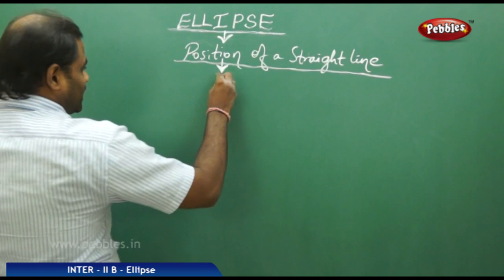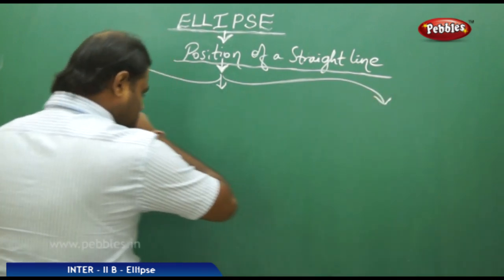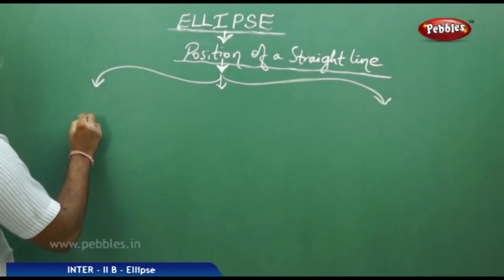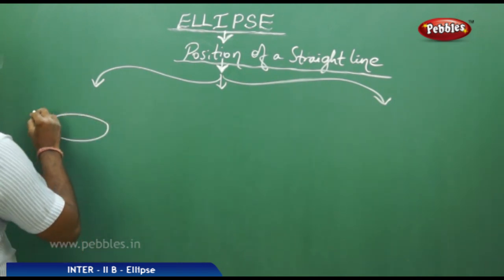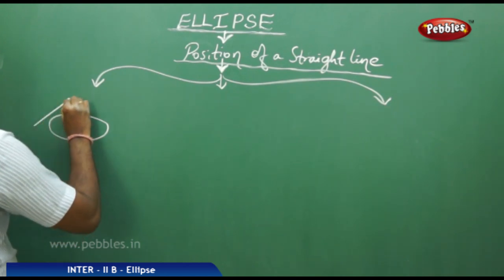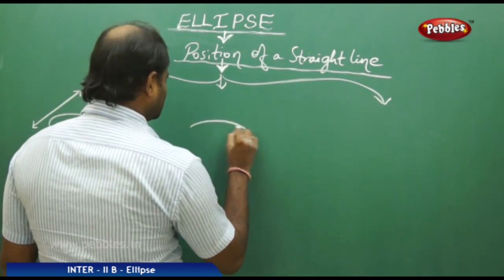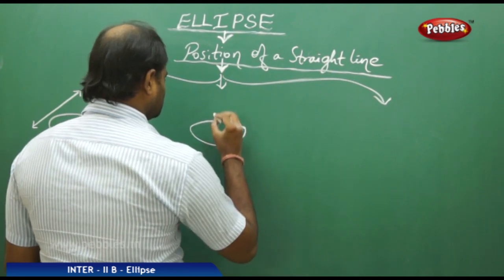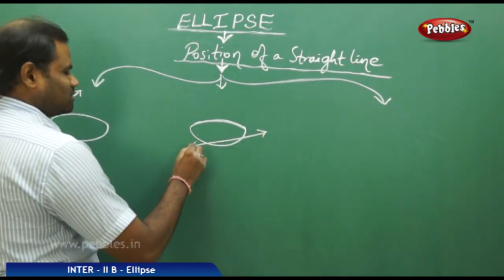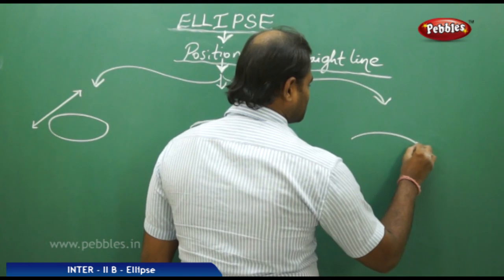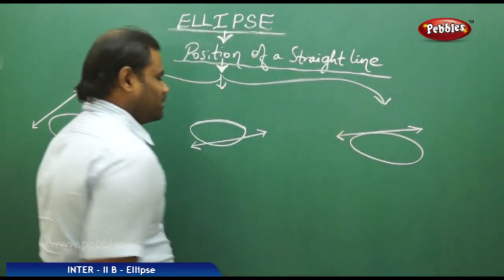So the position of a straight line has 3 cases, where the first case is if I have an ellipse, the straight line is like this, and the second case is when the straight line is like this, and the third case is when the straight line is like this.